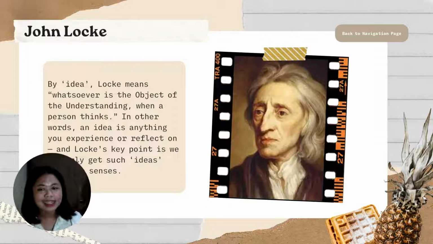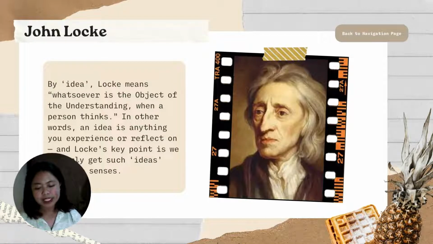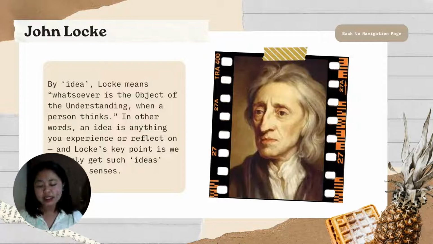By idea, Locke means whatever is the object of the understanding when a person thinks. In other words, an idea is anything you experience or reflect on. A new and revolutionary emphasis on the tabula rasa occurred late in the 17th century when the English empiricist John Locke, in his Essay Concerning Human Understanding in 1689, argued for the mind's initial resemblance to white paper, void of all characters, with all the materials of reason and knowledge derived from experience.